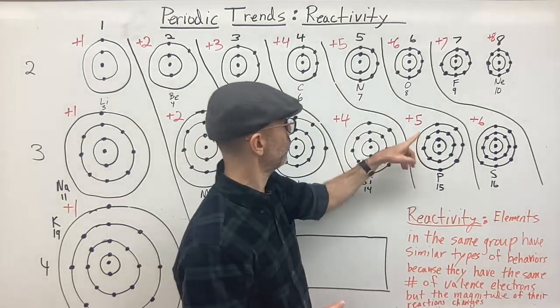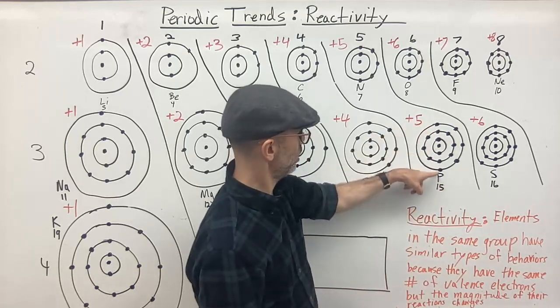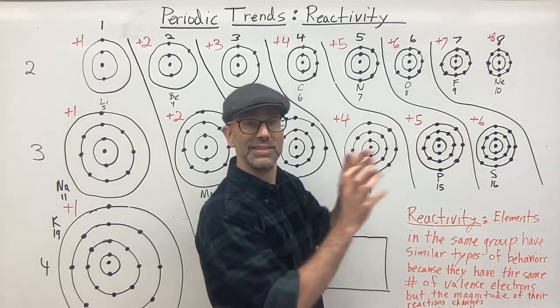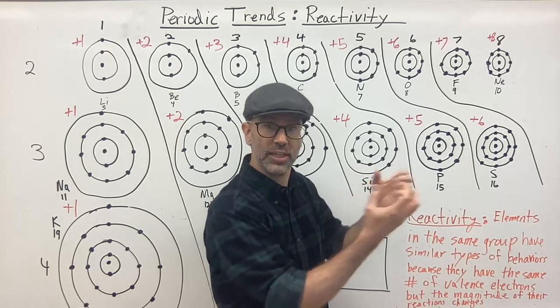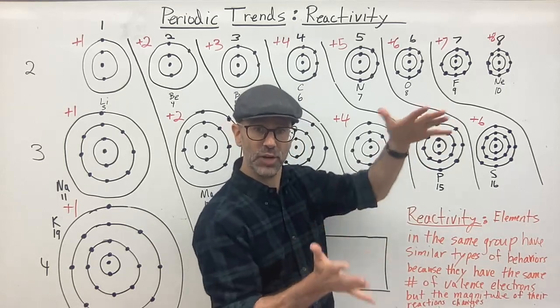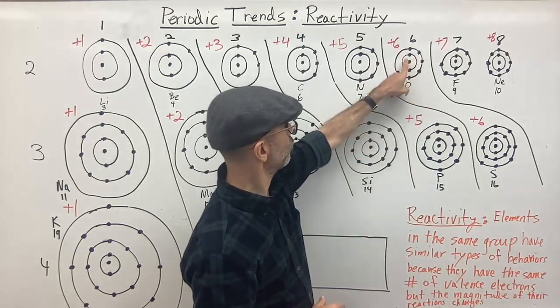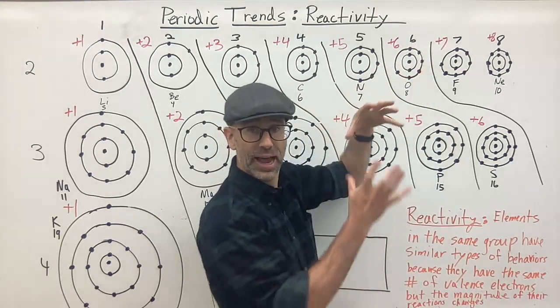This time we'll notice that, again, because the atom is larger here, and so the valence electrons are farther away, the nucleus is not attracting them as strongly because they are farther away, and so the attractive force is weaker. But if you go up in the group, the attractive force is stronger because the atoms are closer.